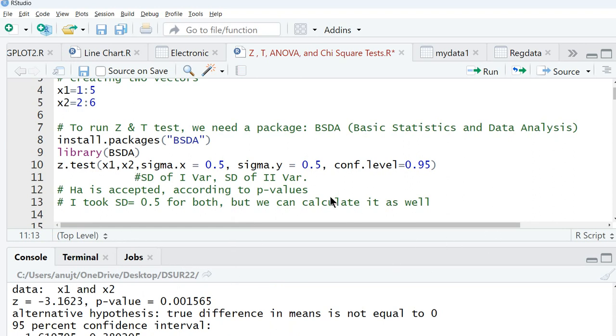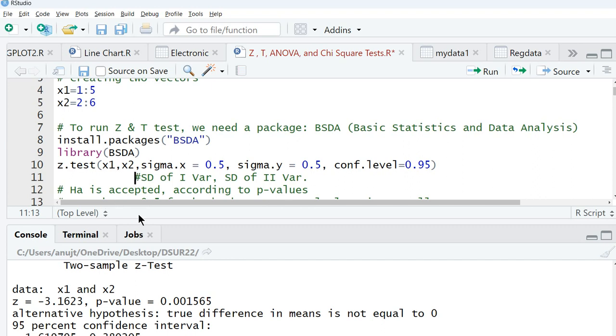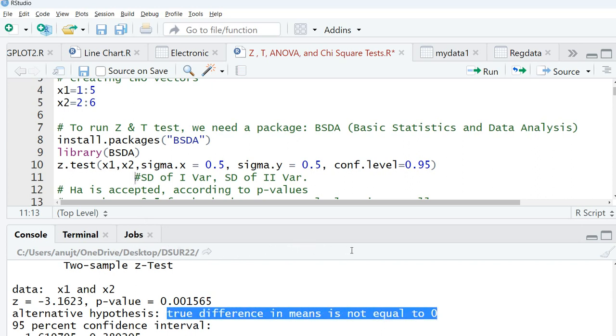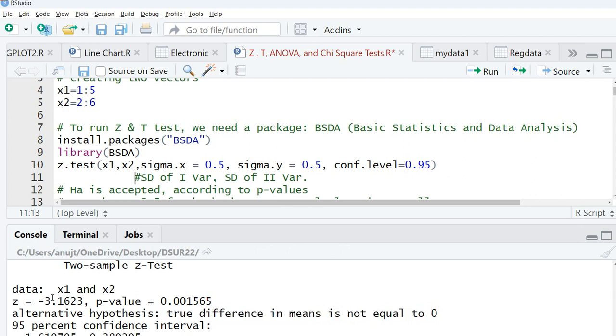This is the output, which we can see two sample Z test, because we have provided two sample x1 and x2, and our alternative hypothesis is true difference in mean is not equals to 0. See, if we see mathematically, mean of x1 is 3, and mean of x2 is 4.